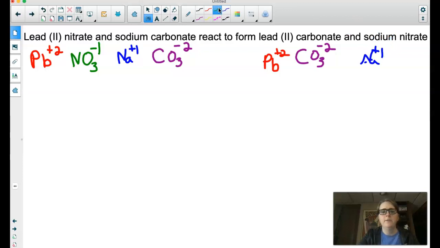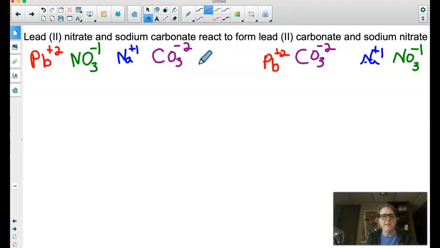And nitrate is still going to be NO3 with a -1 charge. And so from here, I'm ready to start building my reaction equation.